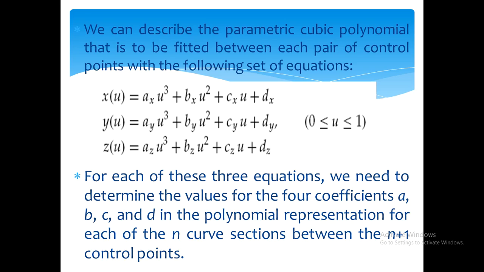That is to be fitted between each pair of control points with the following set of equations. In 3 dimensions, at each position vector there is an x, a y, and a z. The polynomial is a parametric equation, x of u, where u varies from 0 to 1. x of u is a cubic polynomial, that is ax u cube plus bx u square plus cx u plus dx.